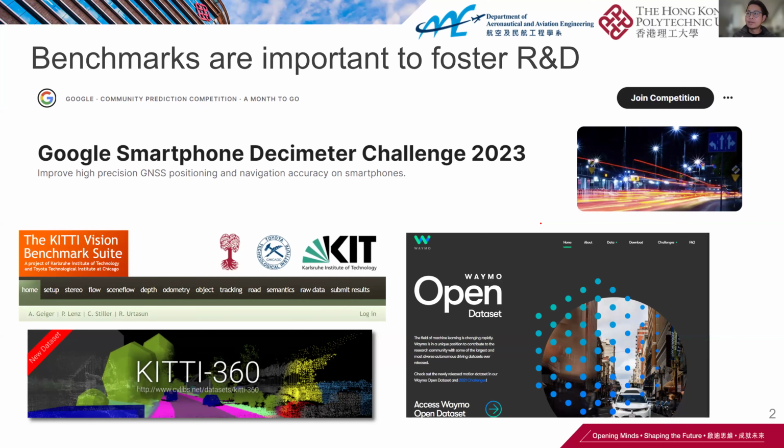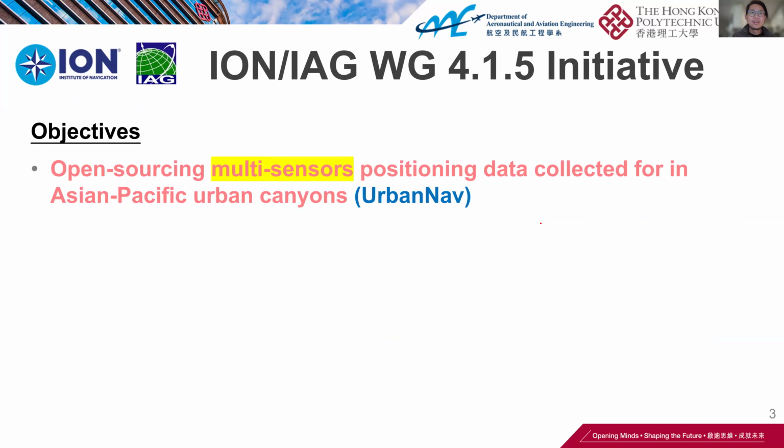As a person passionate about urban navigation, I love to do something for the field as well. I started to talk with ION and also IAG, so we have a joint working group, 4.1.5. The objective is to open source multi-sensor positioning data collected in Asia Pacific urban canyons, because in this region we have a lot of cities, Tokyo, Taipei, Hong Kong, and like San Francisco, with lots of areas in the Asia Pacific region.